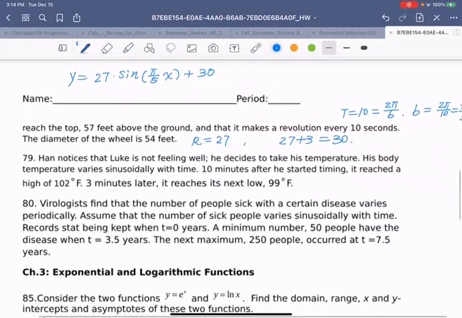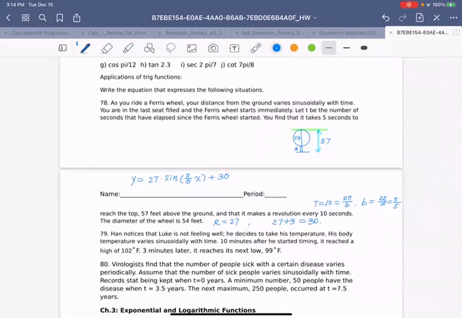Give a try for 79. Oh, hold on. I haven't put the initial height yet. Correct?